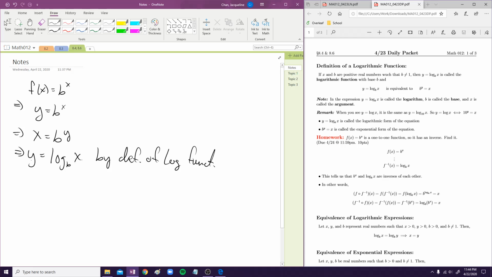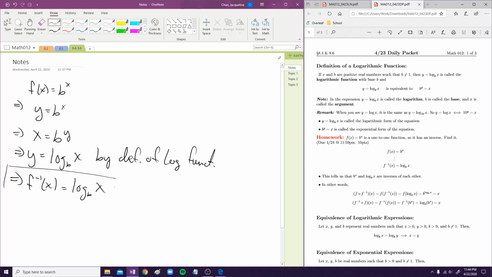Now that we solved for y, what is the very last thing? What are we looking for? We're looking for the inverse. So this becomes f inverse of x equals log base b of x.